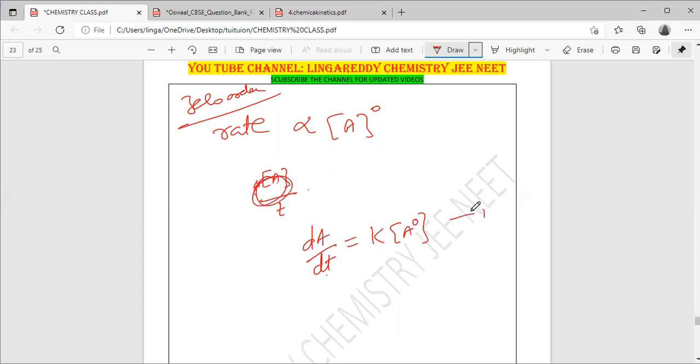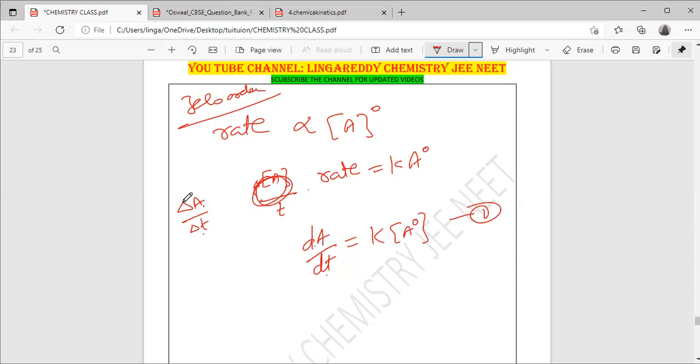Okay, this step you understood? So over there, dA by dt, that dA means the difference in A, delta A by delta t. So it is the change in the concentration of compound A with respect to time.